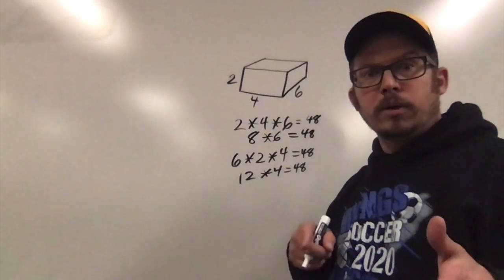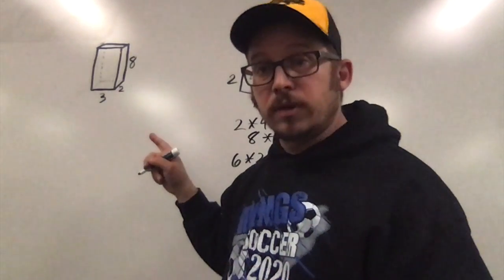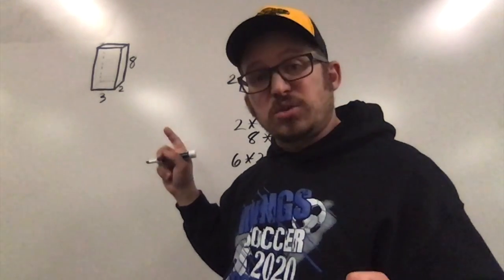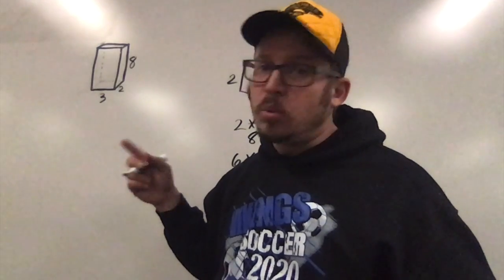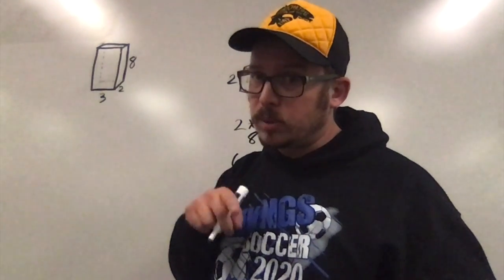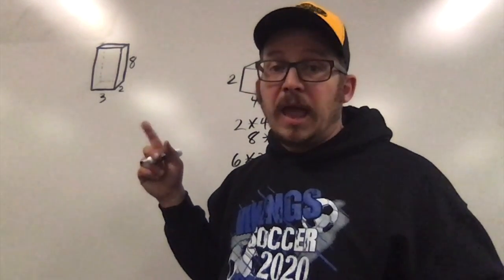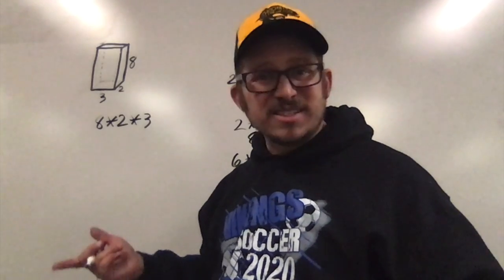Now, what about another example? We've got another rectangular prism. It is 8 and 2 and 3, or 3 and 2 and 8, whatever order you want. We know we can do it in any order. So let's just pick 8, 2, and 3. 8 times 2 is 16.